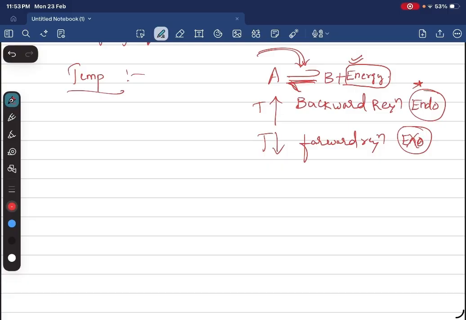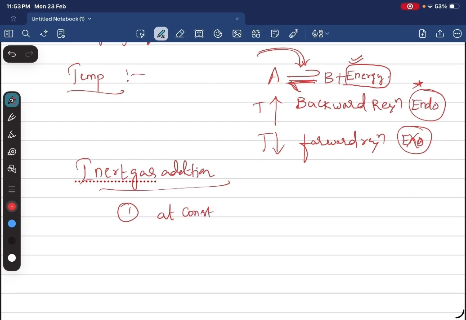And addition of inert gas: here there are two cases. At constant volume, it doesn't affect the equilibrium.